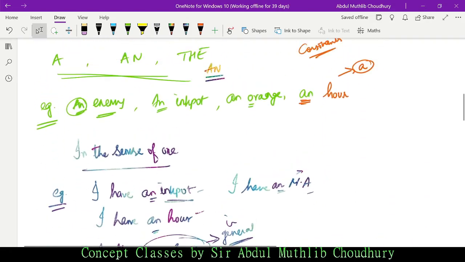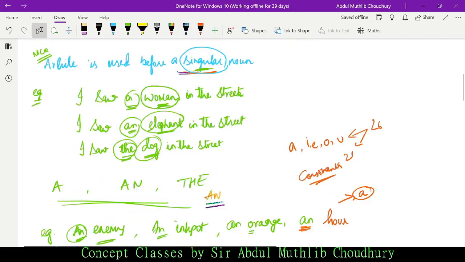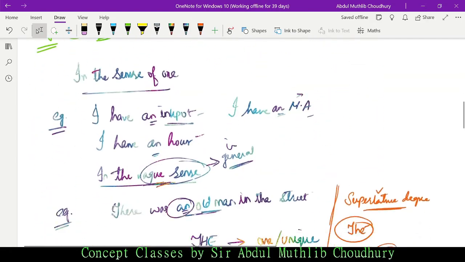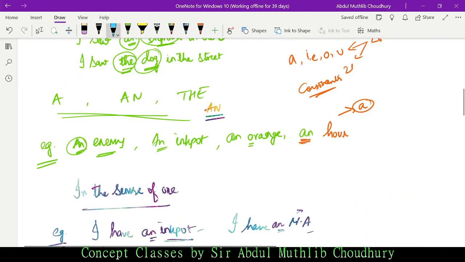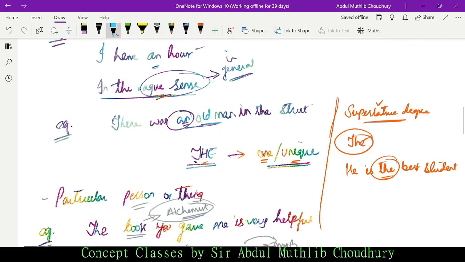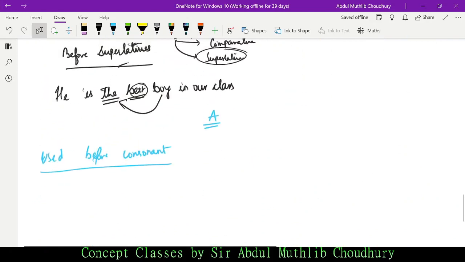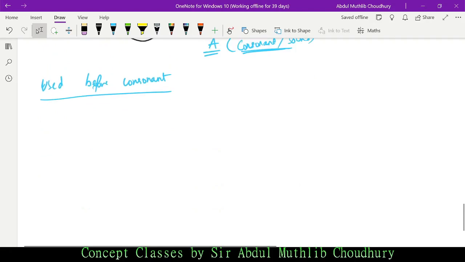An is used in place of a vowel sound, but a, the article a, is used before a consonant letter and sound. If the letter does not sound like a vowel a, e, i, o, u, the article a will be used. Let me give you an example. It is used before a consonant.